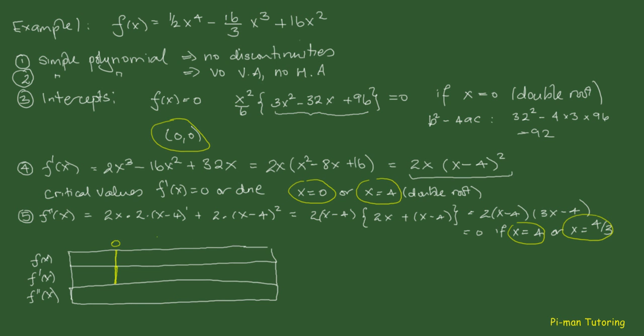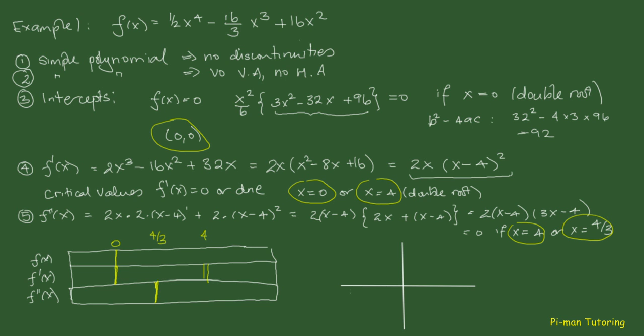The next point we have is 4/3. That only gets a mention as a 0 in the second derivative. And then we have the point x equals 4, and that is a double 0 in the derivative.